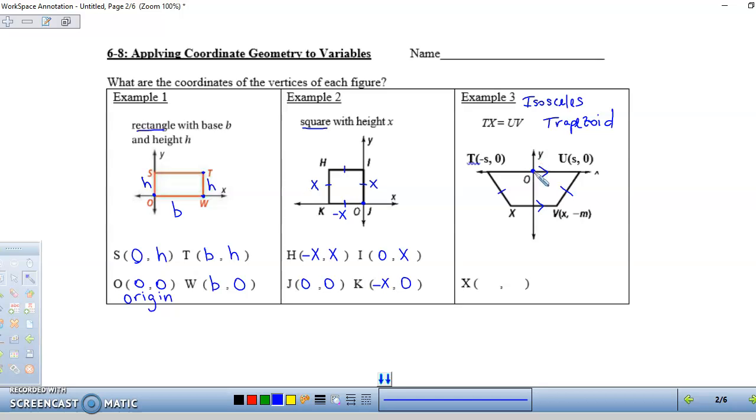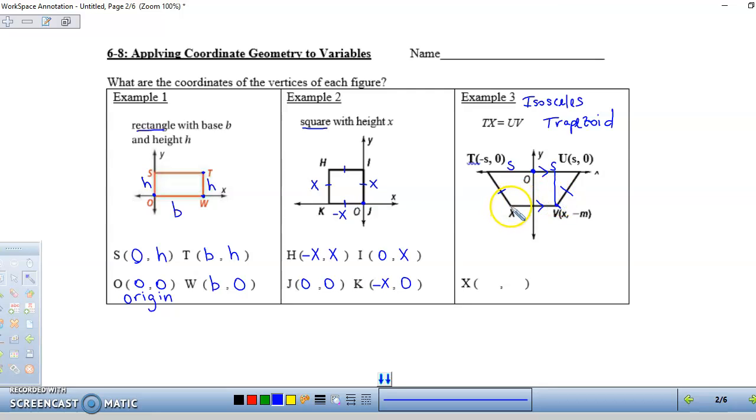Notice that you are going across here s. So this is a value of s. And then not going up or down, that's a 0. Okay, going to the left, again this is going to be a length of s. But you're going left, so that's why it's negative s. And then up or down 0. Okay, to get V, these are a little more difficult without the grid on there. You go across x and then down m. So I'm going across x and then straight down m.